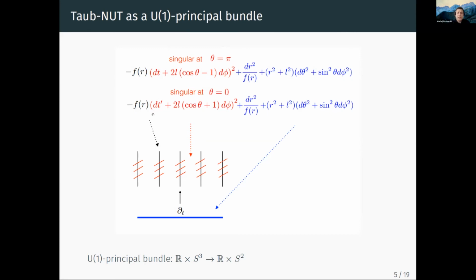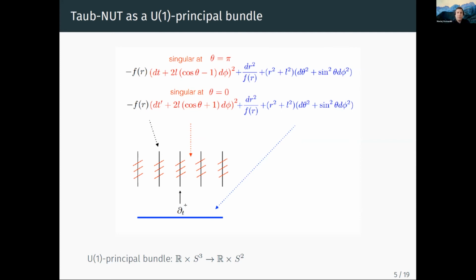What we have here in red is a connection 1-form of this principal bundle, and in the other color we have the metric on the orbit space, or if we talk about a principal bundle, this would be the metric on a base space.